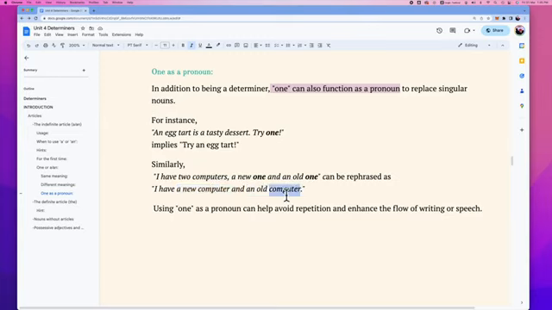Now once again, a friendly reminder. Computer starts with a consonant letter, so we're supposed to use a computer. However, because the closest adjective, old, starts with a vowel letter and also a vowel sound, we say an old computer. This is very important because whether we use A or AN depends on the closest word.